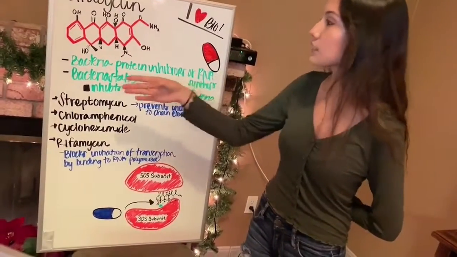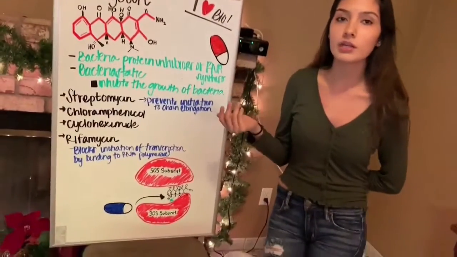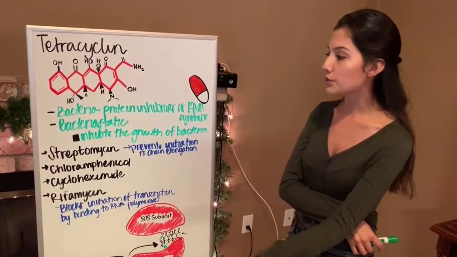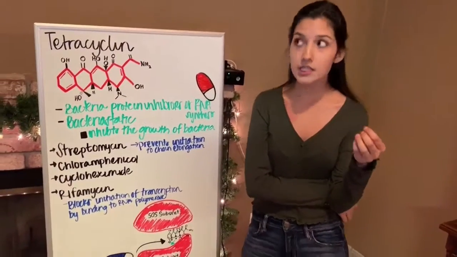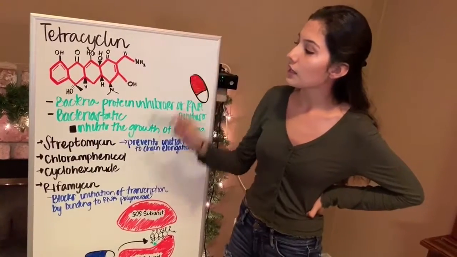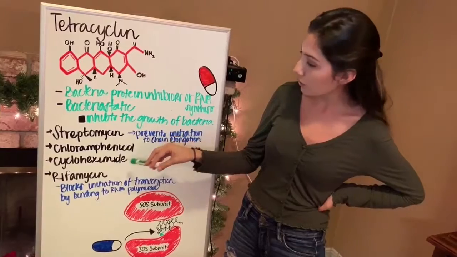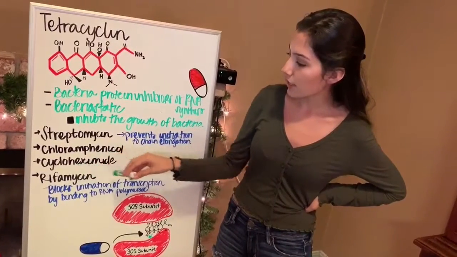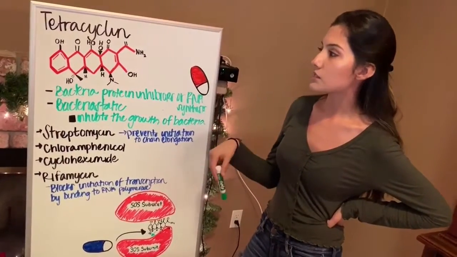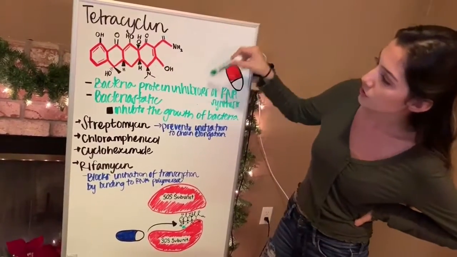So these are all bacterial protein inhibitors, or they also inhibit RNA synthesis. Today we're going to mostly focus on the tetracycline, and this is the chemical structure for it.